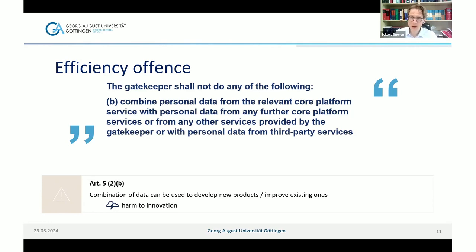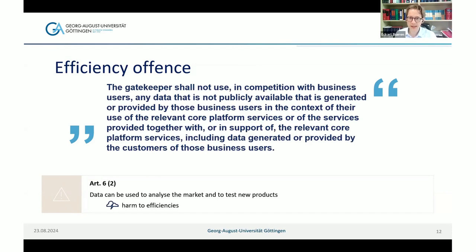Another example is Article 6.2 of the DMA. So the gatekeeper, which is a kind of Lex Amazon, shall not use in competition with business users any data that is not publicly available, that is generated or provided by those business users in the context of their use of the relevant core platform services, or of the services provided together with or in support of the relevant core platform services, including data generated or provided by the customers of those business users.